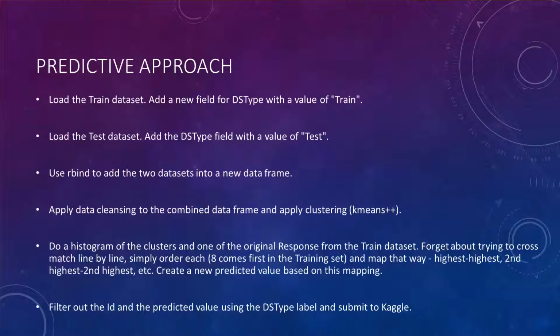Then we can get a histogram of the response values versus the clusters, and then try and cross match between those, and then map out those predicted values and say, well, in the test set we don't have a response value, but this is what our predicted value is. Then we filtered those out for the test data set and submitted to Kaggle.